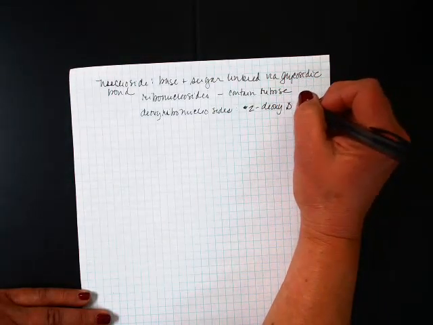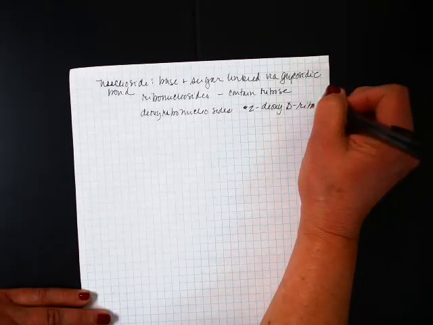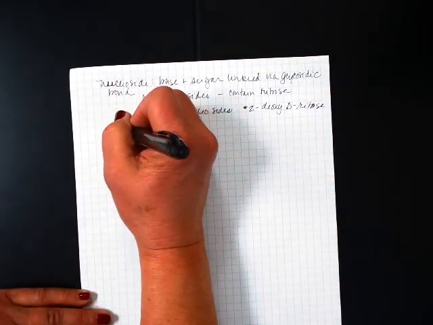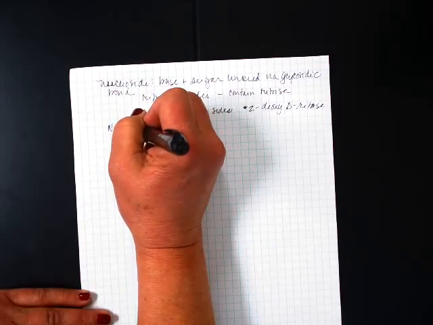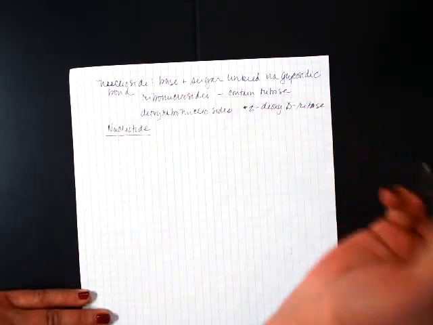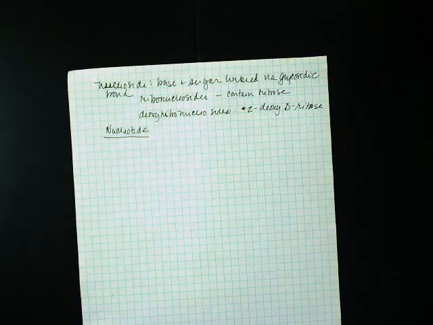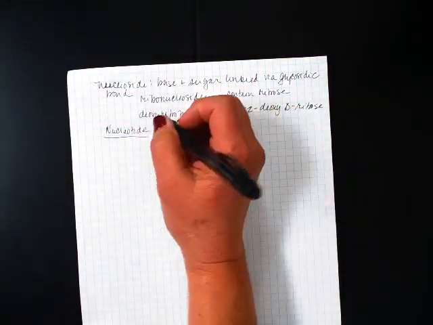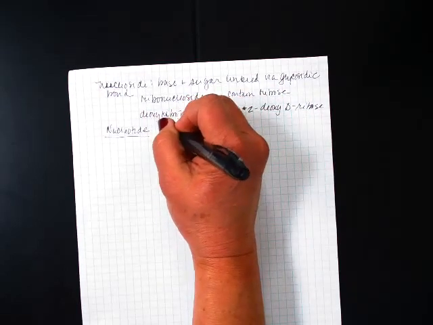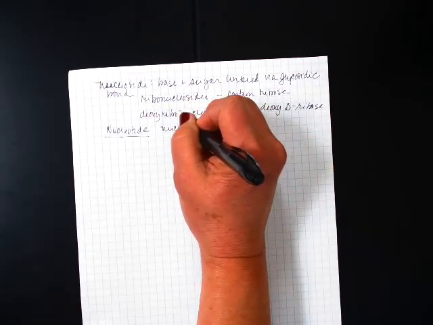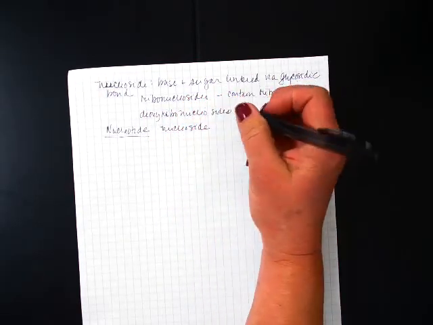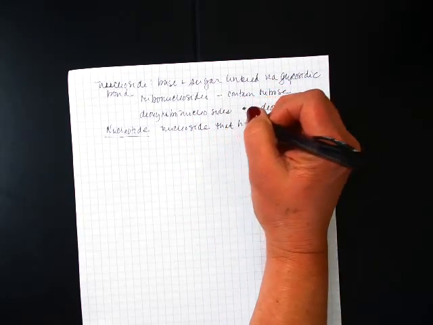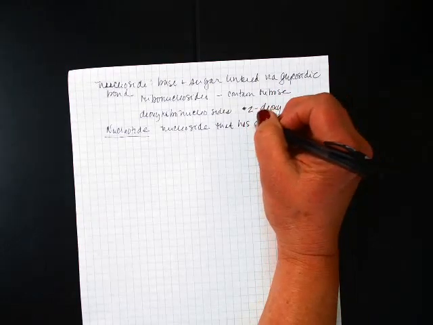A nucleotide, which is actually what we're going to draw next, is a nucleoside that has a phosphoric acid esterified to the sugar.